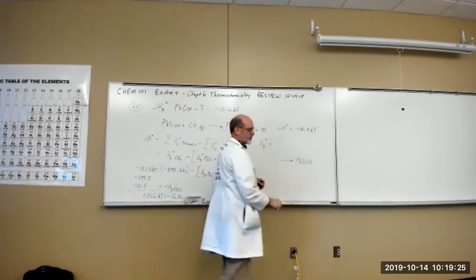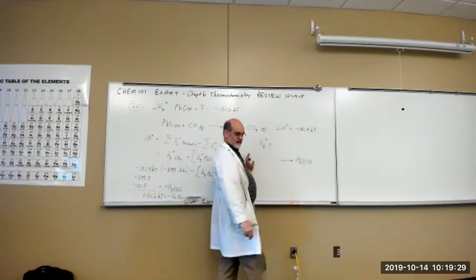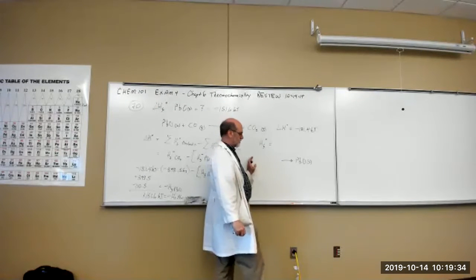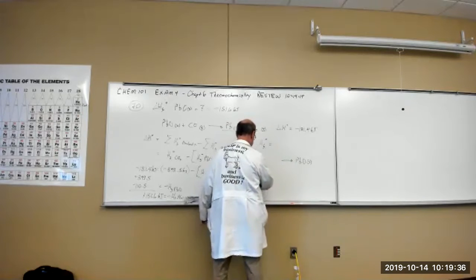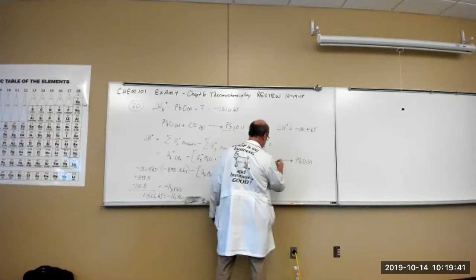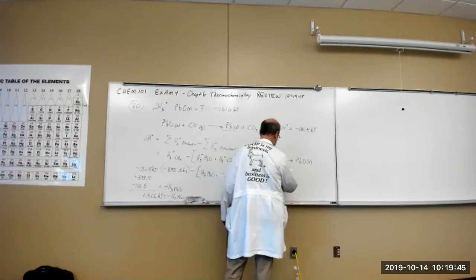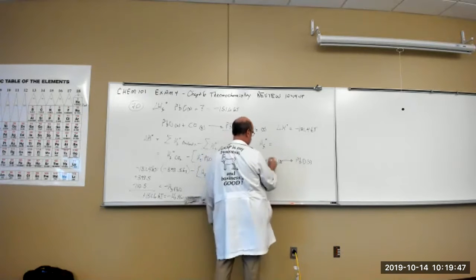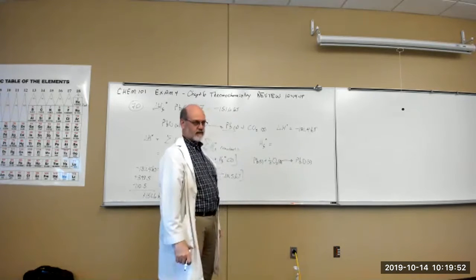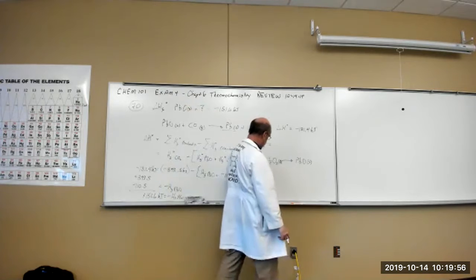That's fixed. You can't touch it now. Any balancing you do has to be on this side, and they have to be all elements under standard conditions. So lead under standard condition is a solid. And oxygen under standard condition is diatomic gas. So how many of them do we need? We only need one of them, so we got to take a half of an O2. So that's how you would write the standard.